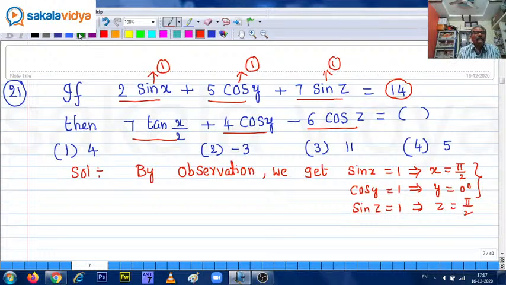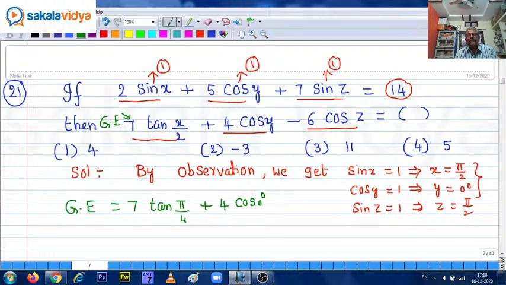So the given expression is 7 times tan of x by 2, pi by 2 by 2, pi by 4, 45, plus 4 cos 0 degrees minus 6 cos pi by 2.